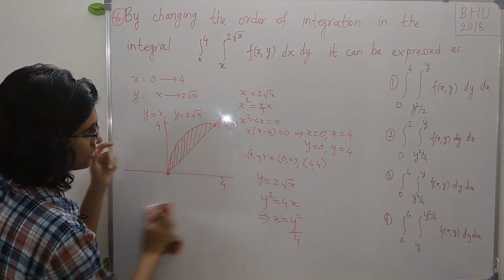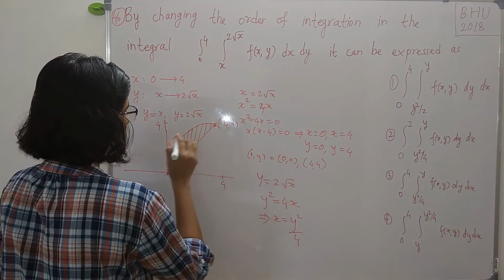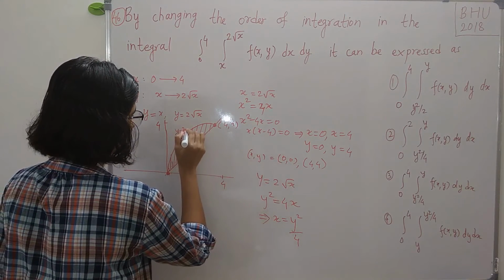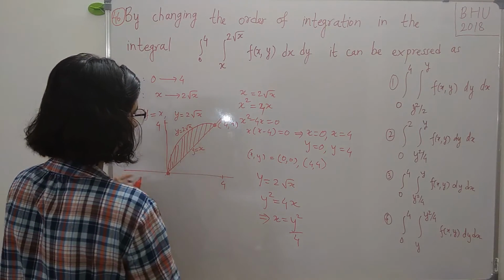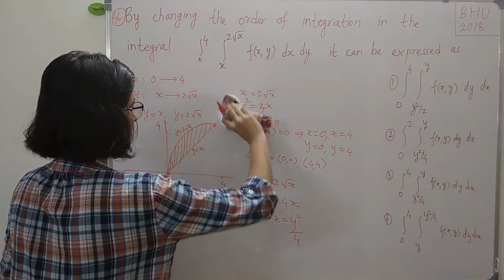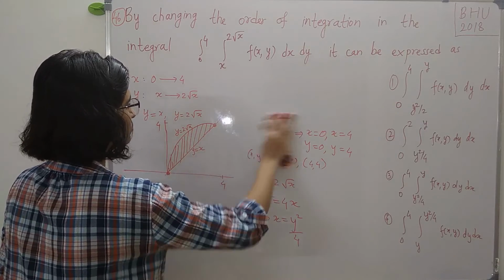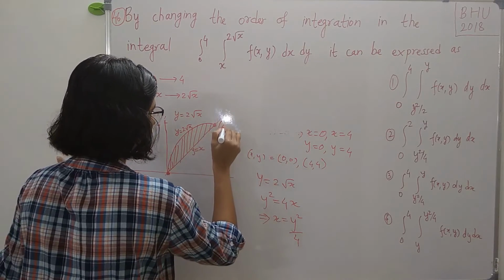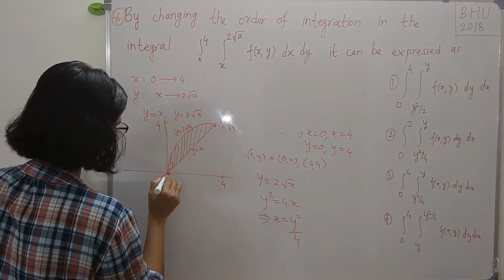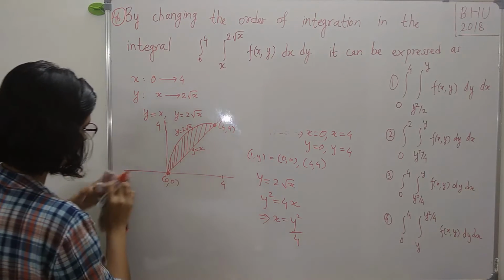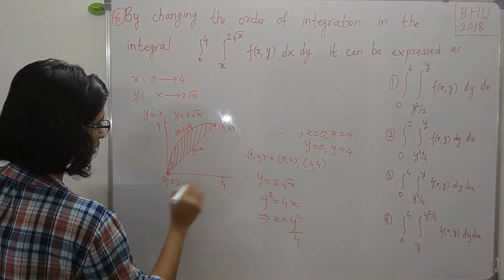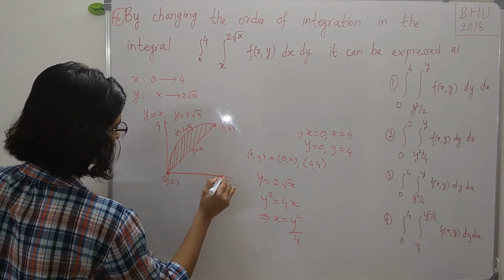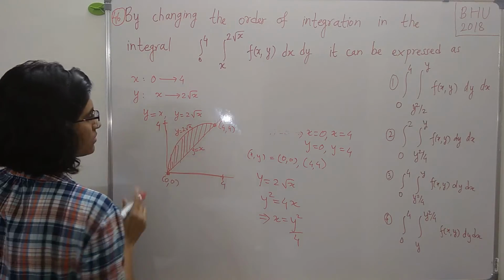Now just look at this region. Here the limits are, this is y is equal to 2 root x, this line is y is equal to x, then we have the point 4 comma 4 here, and we have 0 comma 0 here. Now the next thing is, x varies from 0 to 4, right?